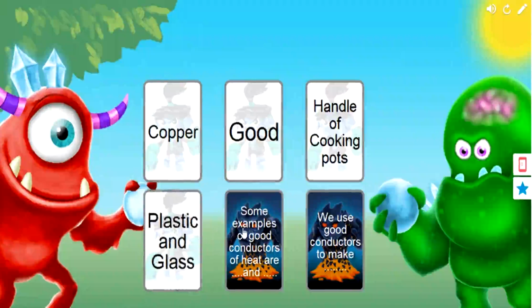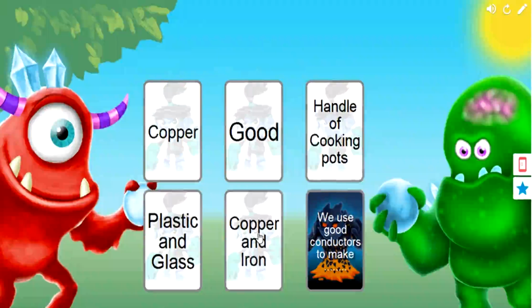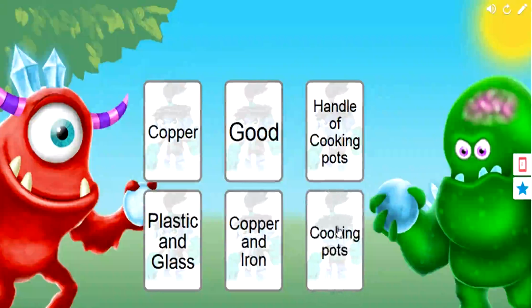Question number 5, some examples of good conductors of heat are copper and iron, and also other metals such as silver, aluminum and gold. The last question, we use good conductors to make cooking pots. Very good. Okay.